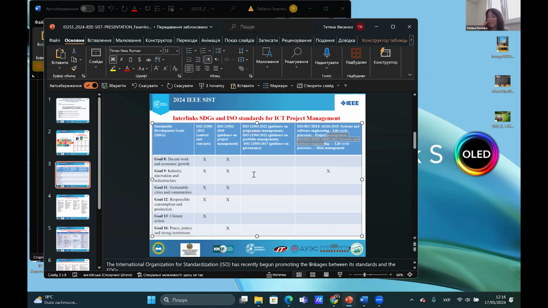I don't see other research on project management with gender. Based on gender? Yeah.